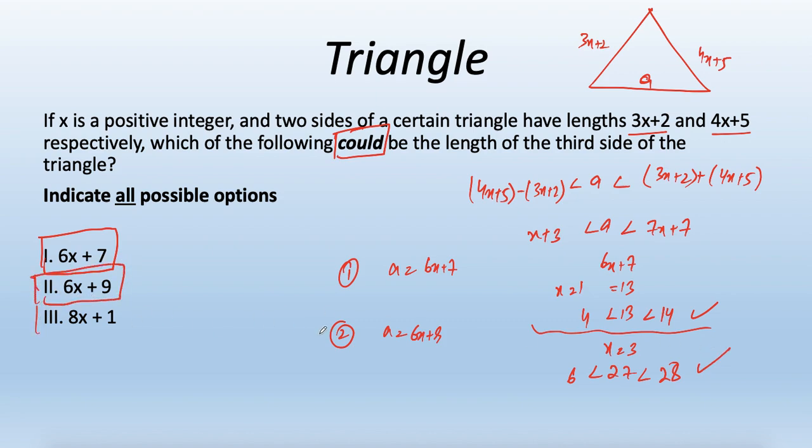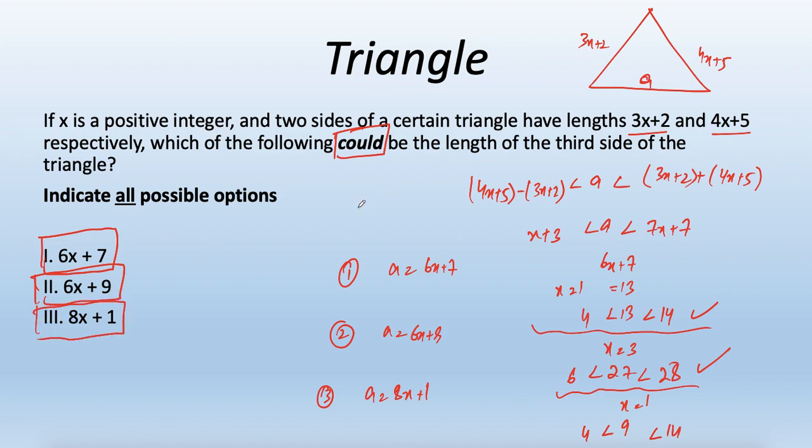Now let's see the last one, that is A is equal to 8x plus 1. For this, if I substitute x is equal to 1, that means 8 plus 1, which is 9, is greater than x plus 3, with x equal to 1, 1 plus 3, 4, and less than 7 plus 7, which is 14. That's why this is also possible.